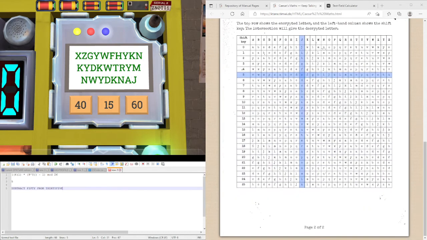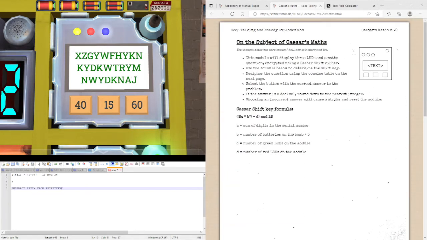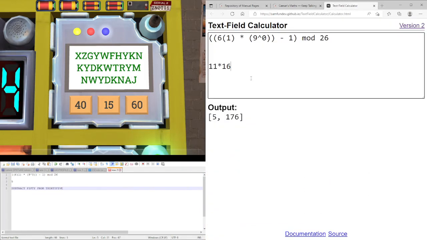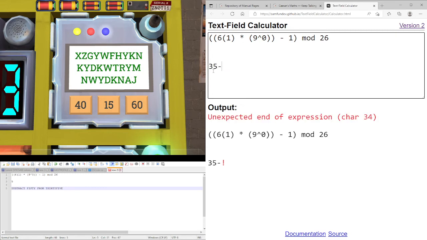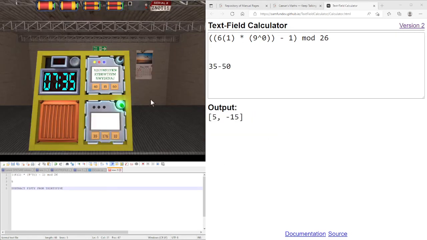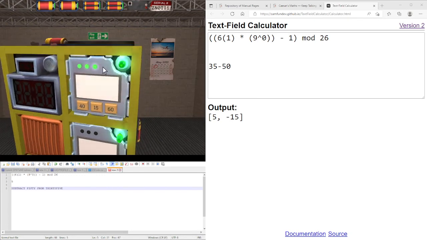I think this means 50 minus 35 rather than 35 minus 50, which is 15, because the other way around would just be negative 15. Press 15. We're self-module.